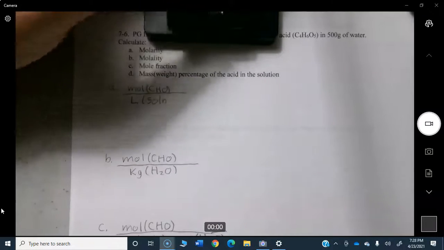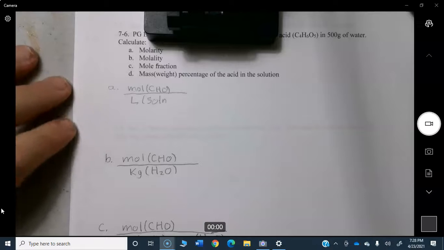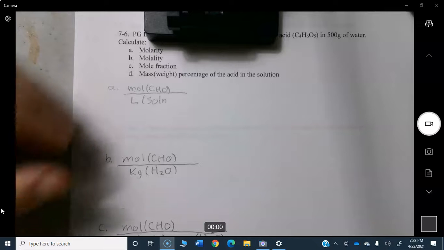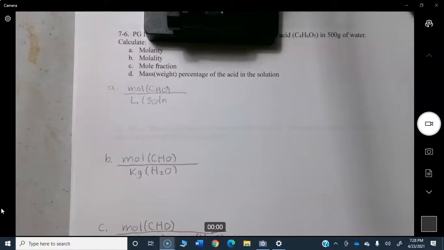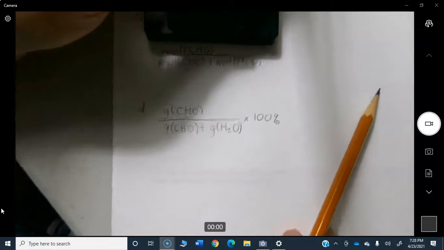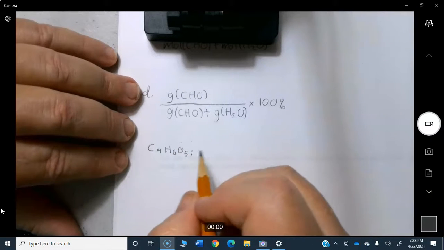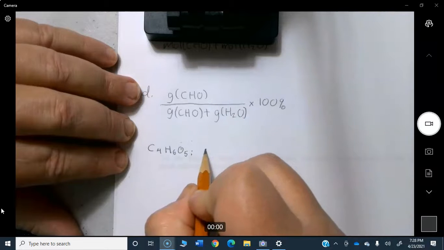All right. So one thing we're going to need somewhere along the way in these problems is you're going to have to know grams of each and moles of each. So let's go ahead and calculate the moles of malic acid and the moles of water. We're going to need that for the mole fraction down here. So first we need the molar mass of this.